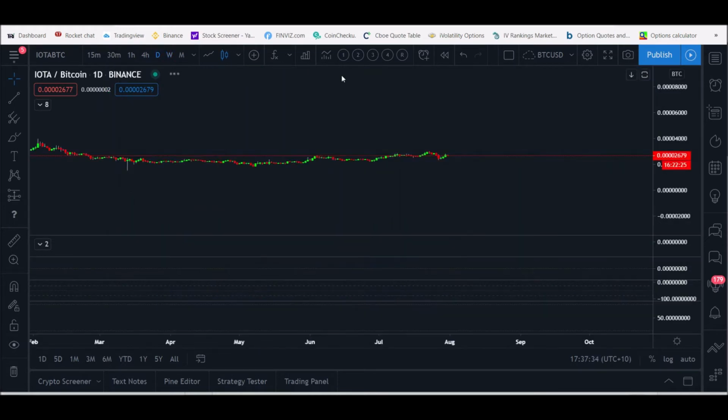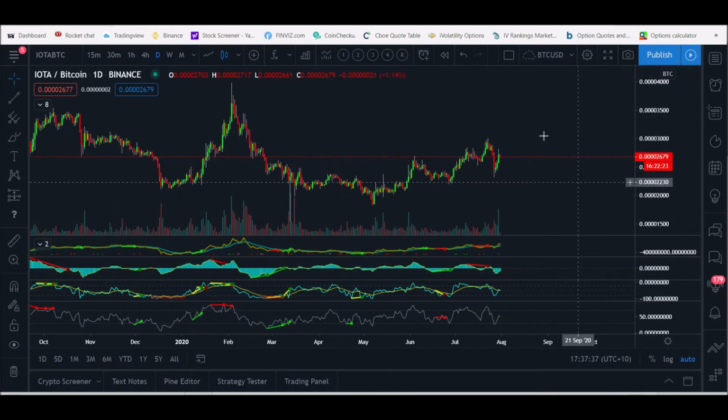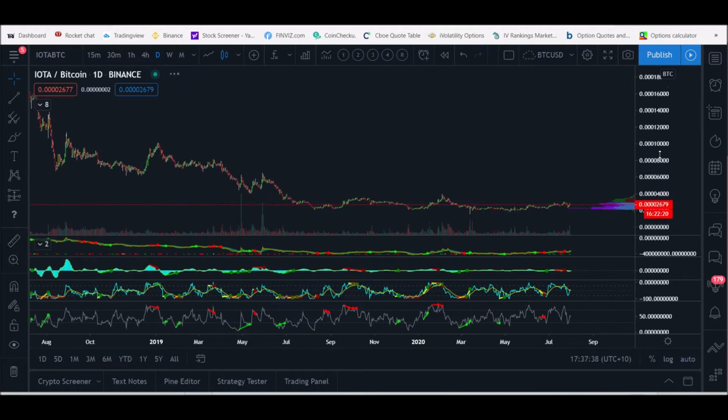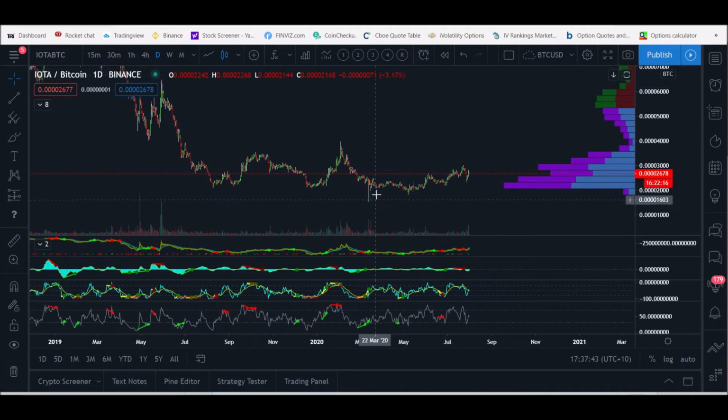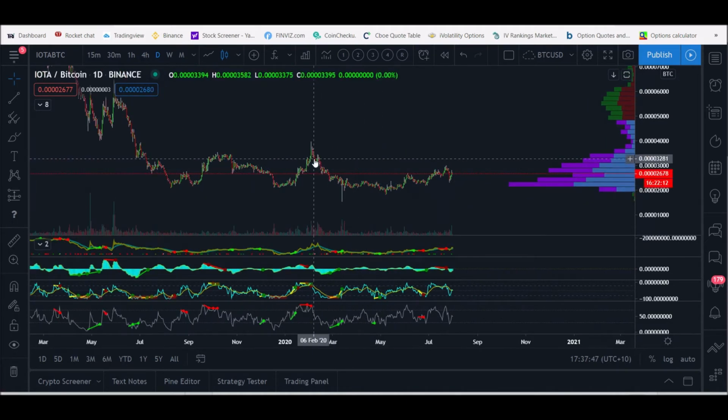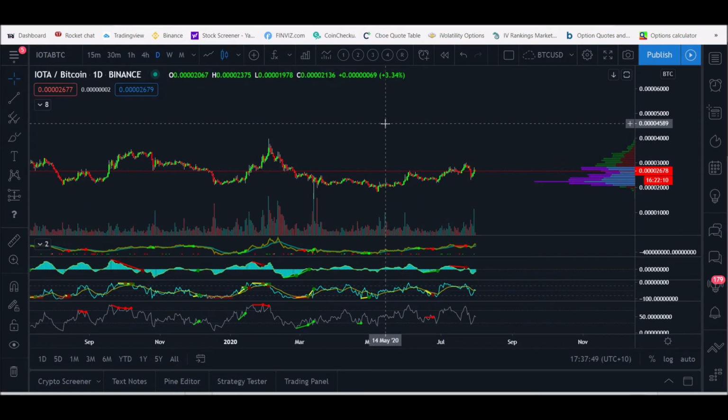We'll move over to the daily chart. Set that to auto. Straight away I can see that we have a nasty tail here on Binance. I'm pretty sure most of the volume coming in is from Binance.